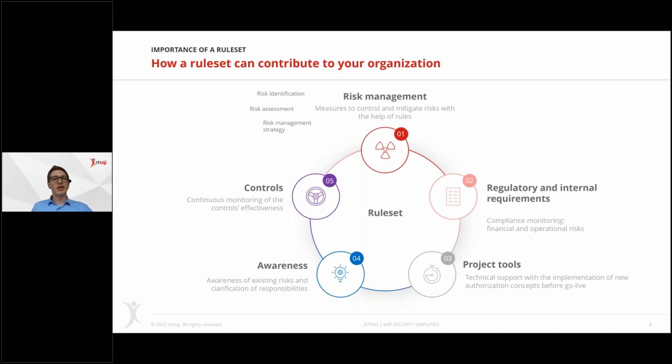Second, regulatory and internal requirements, I talked about it. So basically here we have the internal control system, SOX requirements. We have in Europe the data protection rules. And then, of course, for example in pharma, we would have GxP, so GMP, GAMP requirements.